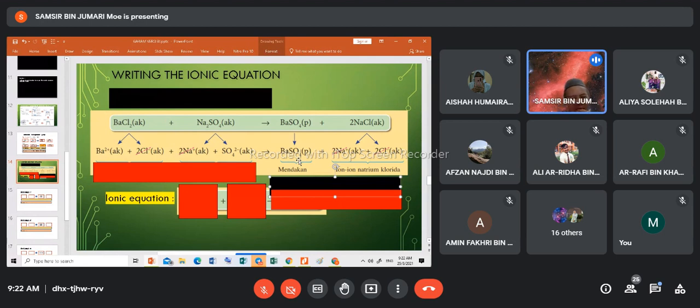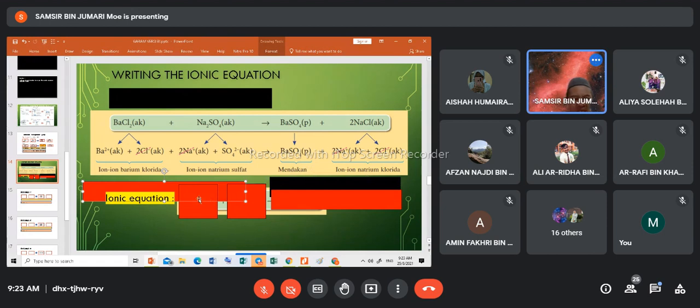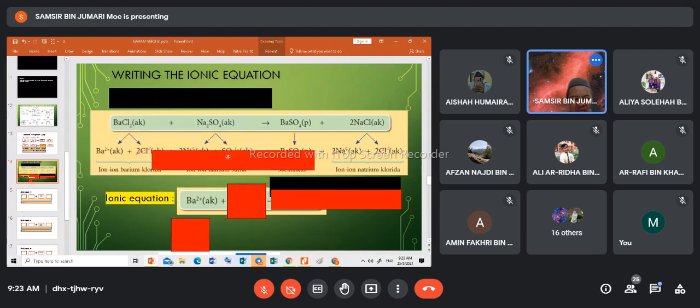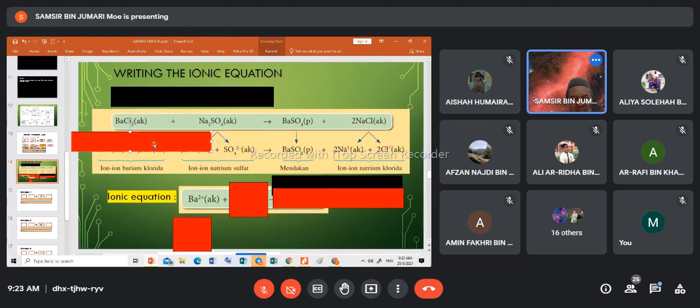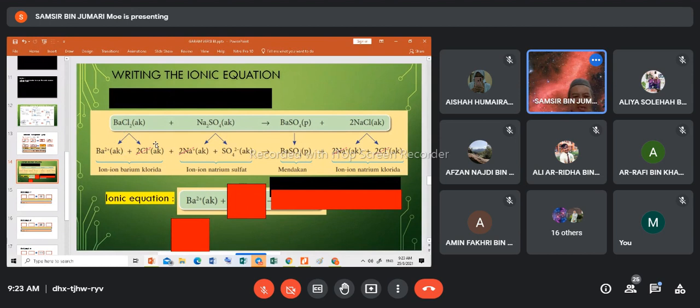They are together to form the precipitate of solid state. So we take out the barium ion and sulfate ion. Oh, ini bahasa Melayu. Okay, jadi apa yang kita telah buat kat situ tadi, buang ni.